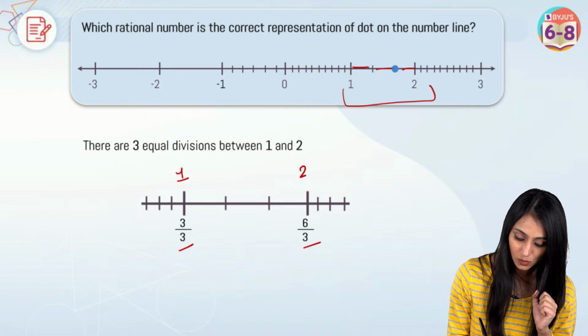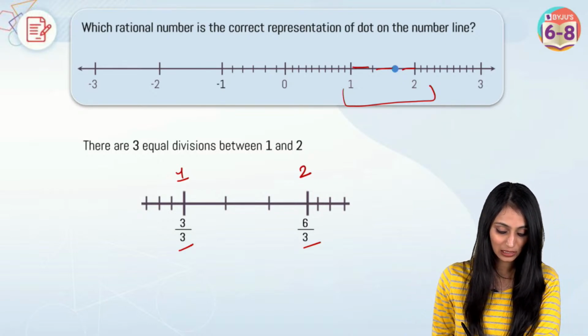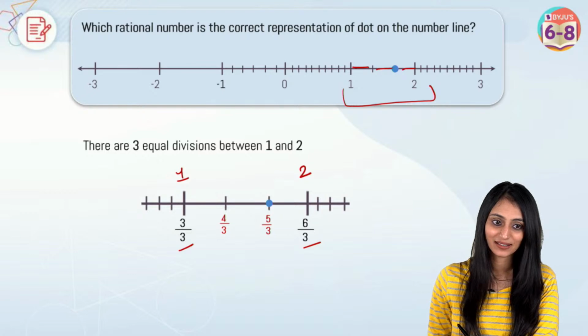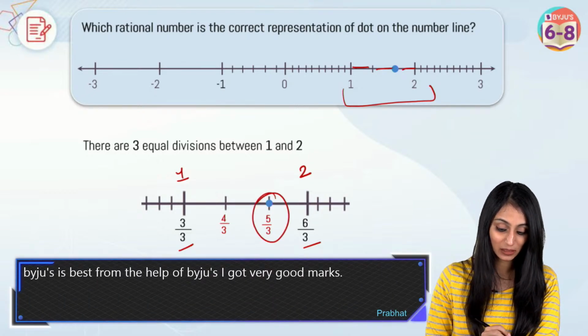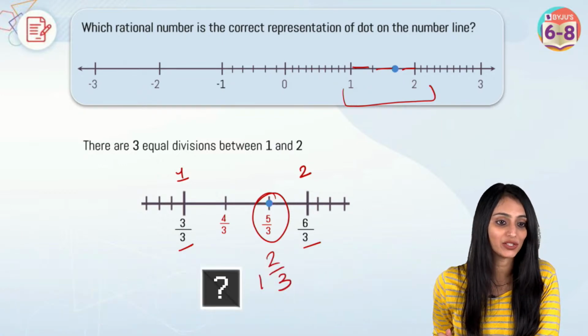This is 1, this is 2. Equal divisions we are talking about, right? So that means definitely this number over here would be 4 by 3. This would be 5 by 3, right? Thank you, Prabhat. So this dot is representing 5 by 3, but if I have to convert that into mixed fractions, it could be written as 1, 2 by 3.